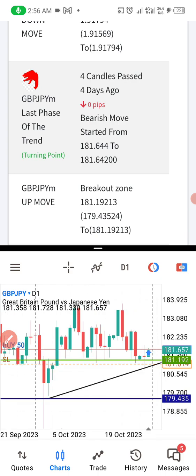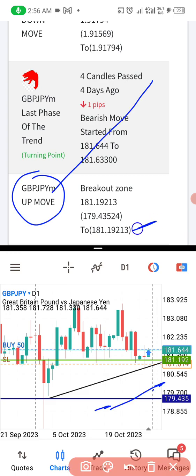If I zoom out now, you see the slant movement from here to here, telling you that this is an upward movement. Price has broken this zone. Simple. Don't get yourself worked up. This is the simplest software you can get anywhere in the world. It analyzes the market, draws your trend line for you, shows your breakout zone.